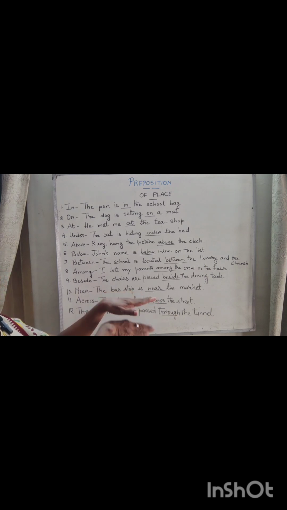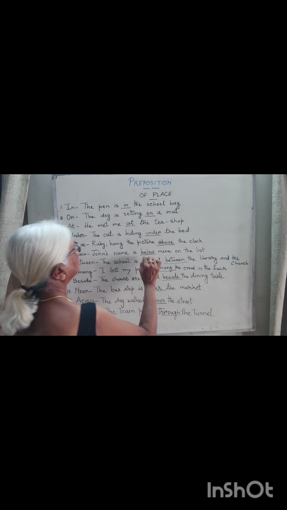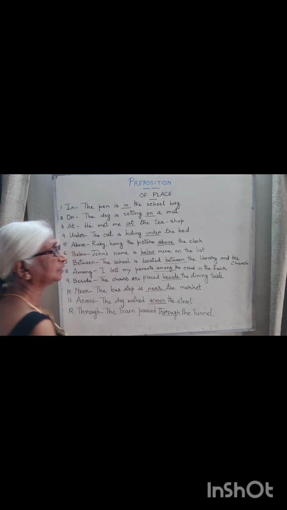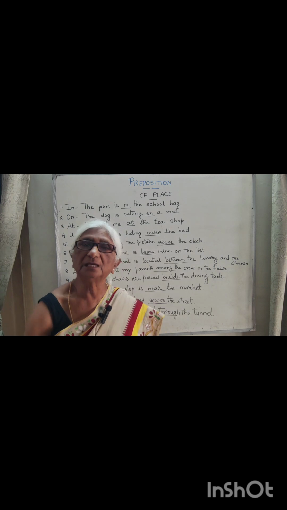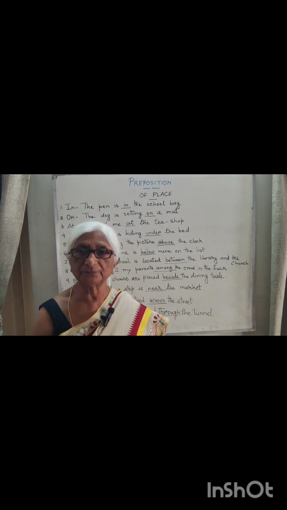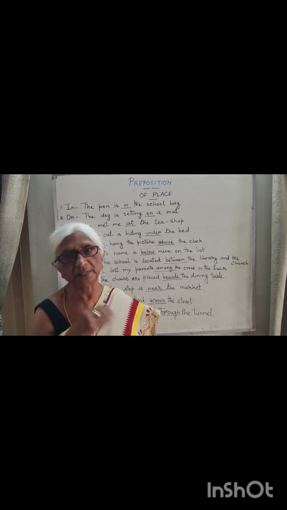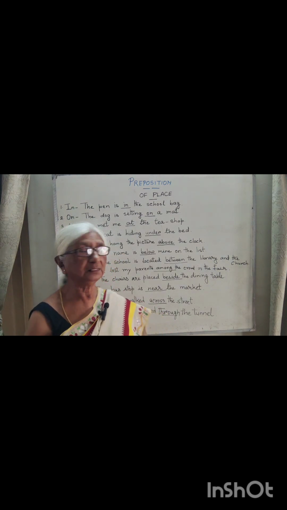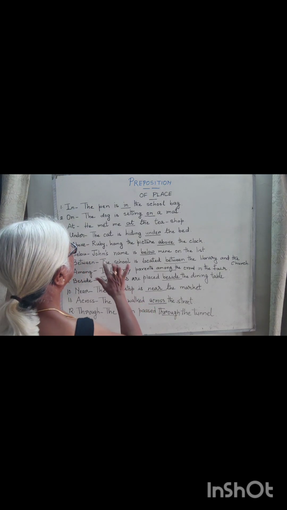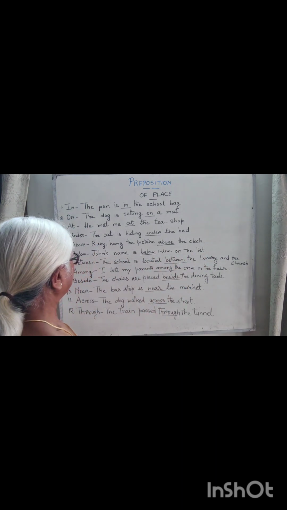So it is the next one to mine. So here, in this case also we use below. There are many instances where we use the same preposition to mean different things. Okay, the same preposition is used for many other situations that we'll see one by one. And here we see that John's name is below mine on the list.